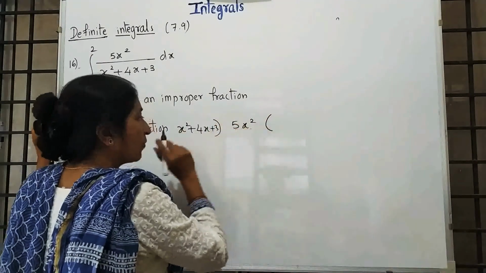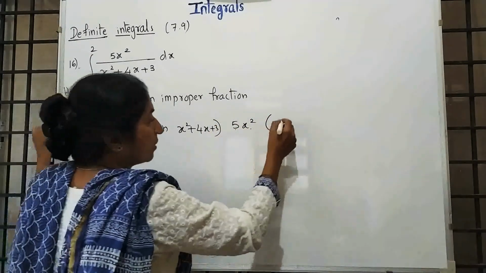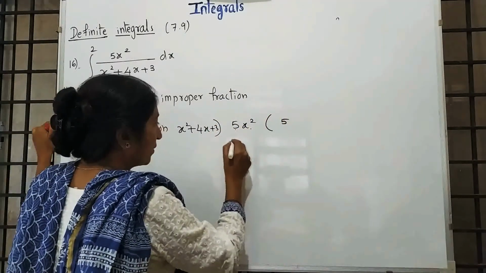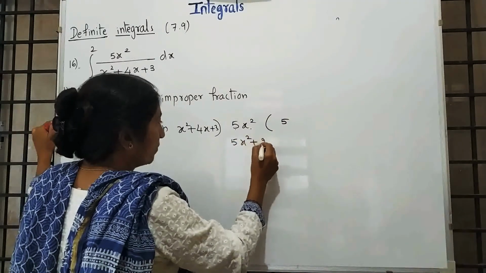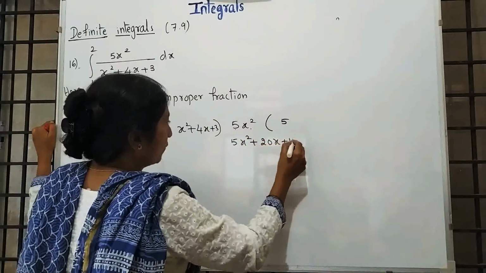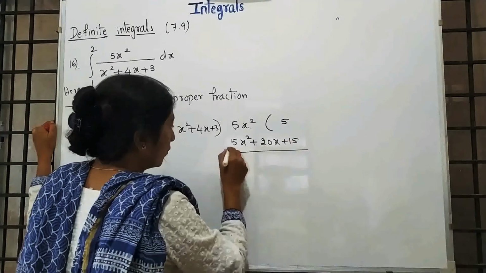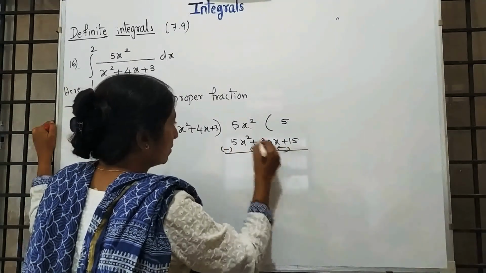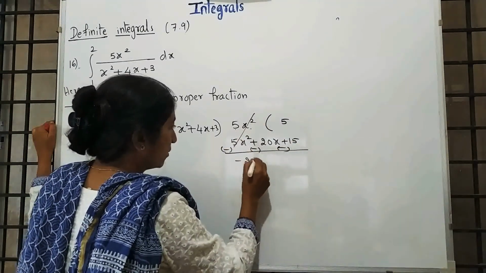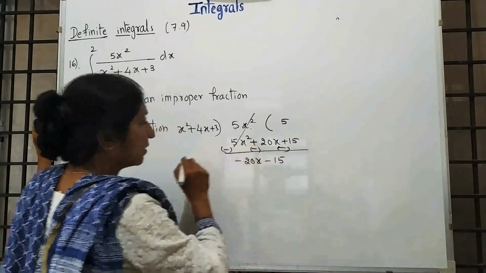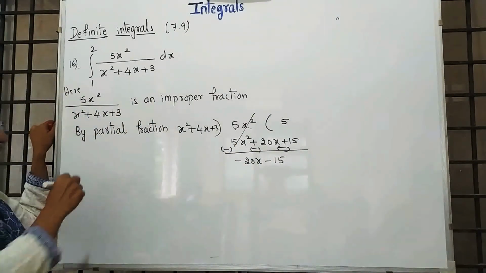Here we require 5x square, and we have only x square, so it is multiplied by 5: 5x square plus 20x plus 15. Go for normal subtraction. So it is minus 20x minus 15. Correct.